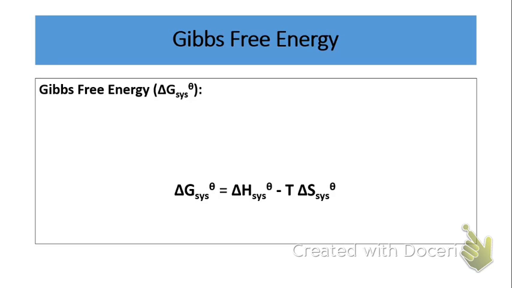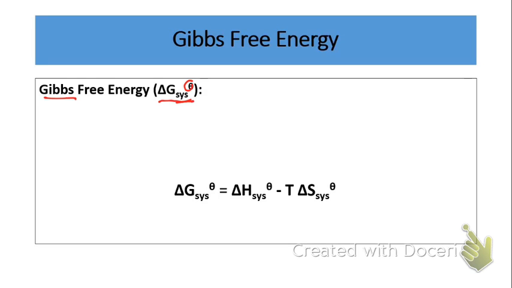So, free energy, by the way, free energy is a symbol for delta G, all right? G for Gibbs, who came up with the concept of free energy. So, delta G, which is the change in free energy of the system, okay?